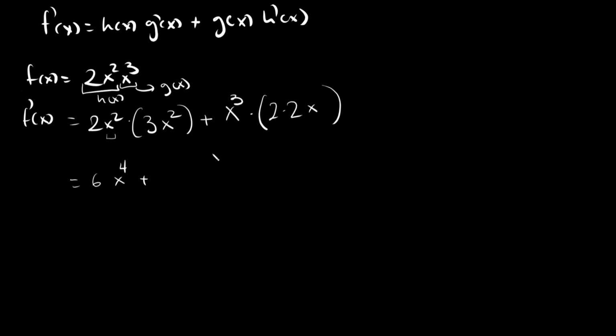Here is going to be 2 times 2, which is 4, plus 4 x to the power of 3 times x is going to give me x to the power of 4, and the final answer is 10 x to the power of 4. Right.